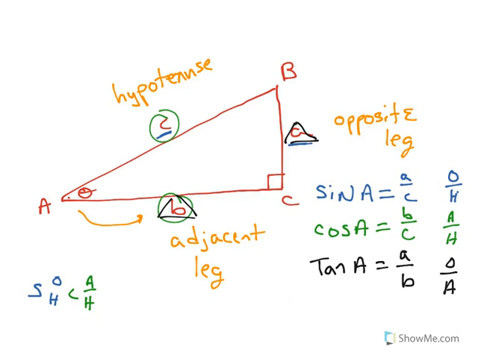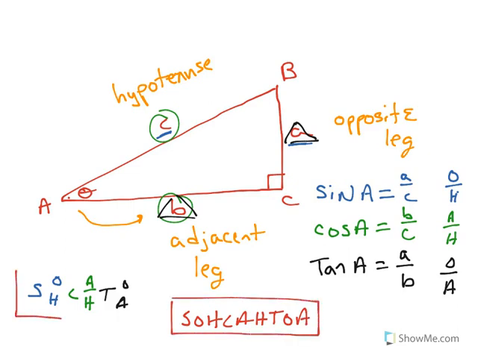And then your T for the TOA is tangent, which is opposite to adjacent. So some teachers write it this way, or if you read it all the way across, you might see it written as SOHCAHTOA. So an acronym to help you remember your three different trig ratios.